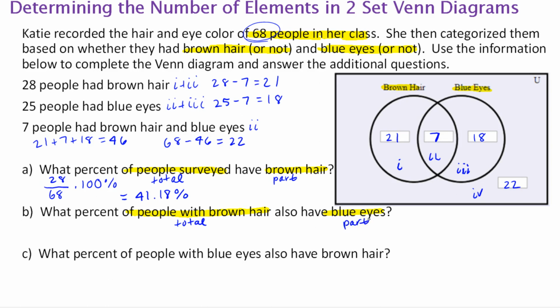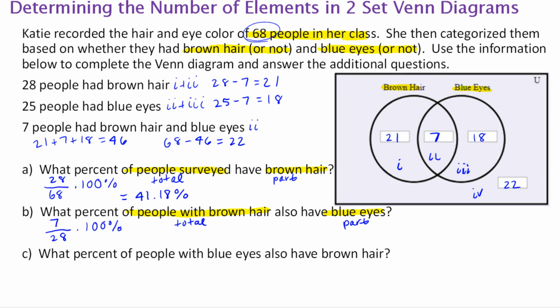Okay. So let's set up our fraction. Well, here's brown hair, which we know totals 28. So that's our total denominator. Also have blue eyes would be the 7 in the intersection. So 7 out of 28.